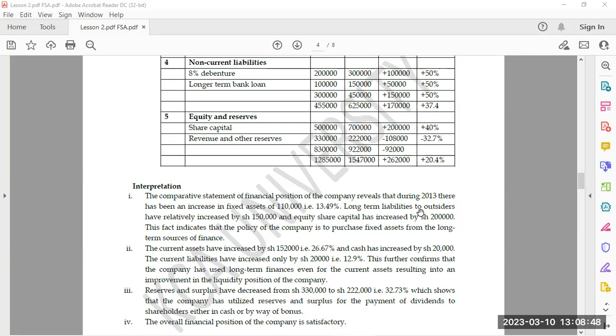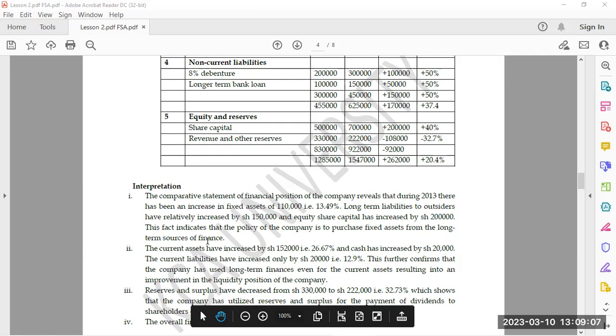Long-term liability to outsiders has relatively increased by 150,000 and equity share capital has increased by 200,000. This fact indicates that the policy of the company is to purchase fixed assets from long-term sources of finance.